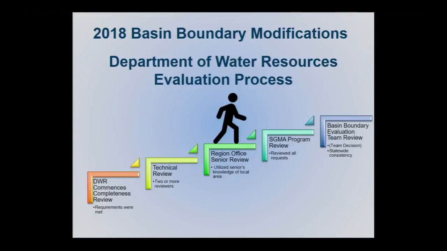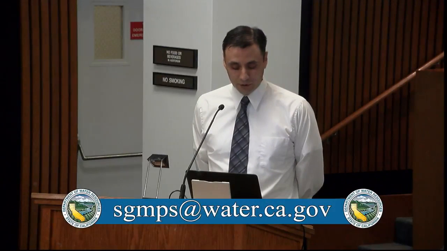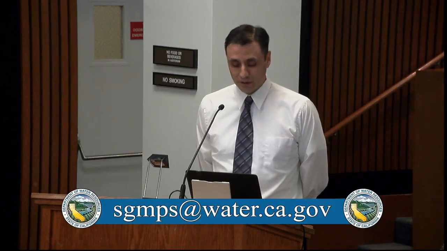For the 2018 basin boundary modification, the department developed an evaluation process. When the agency submitted a request, DWR commenced its completeness review. The purpose of that was to ensure that the requirements were met as per the regulations.